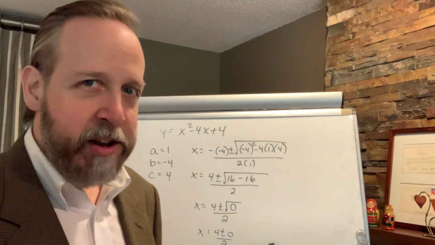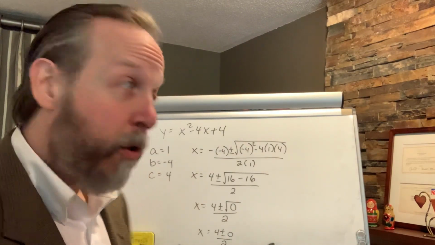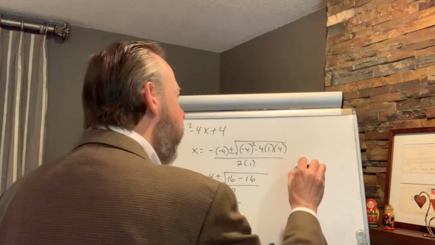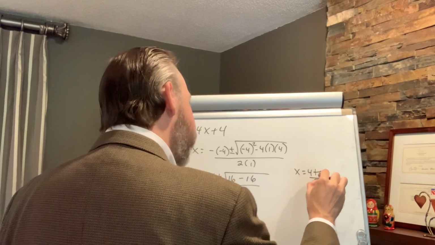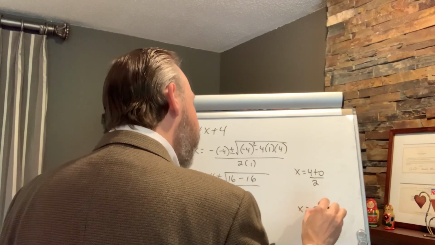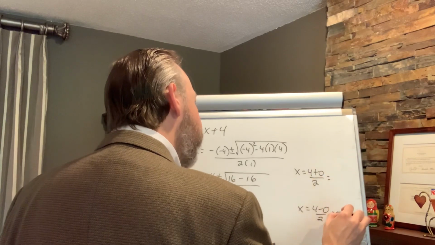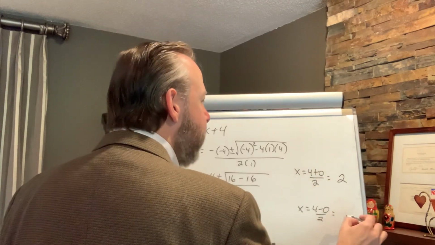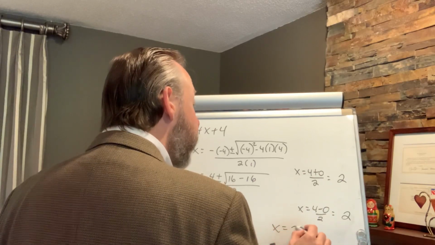Adding 0, subtracting 0, that's not going to change the fact that my numerator is going to be 4 no matter what. So you could write it out if you want to. X equals 4 plus 0 over 2, and x equals 4 minus 0 over 2. But no matter what you do, there's only one solution this time. So you'd write x equals 2.